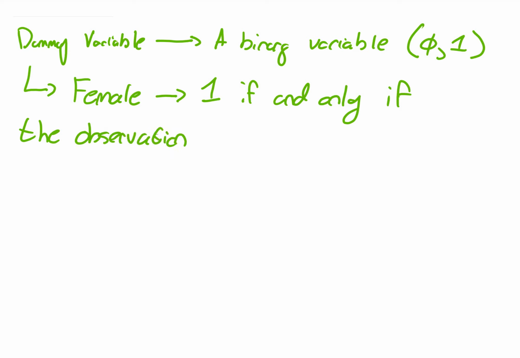Okay, so let's assume this is some sort of individual level data and these observations are representing individual people. So this observation is a female individual.